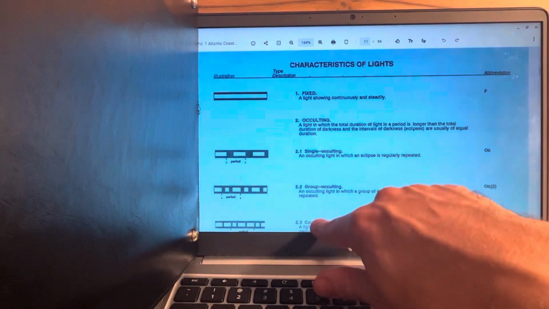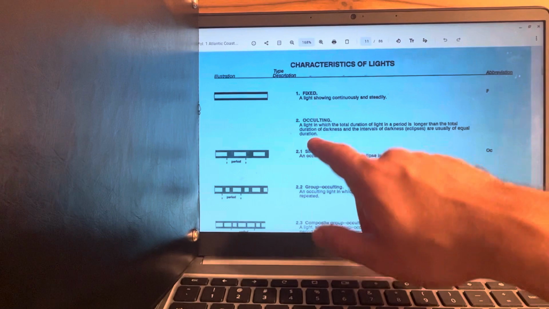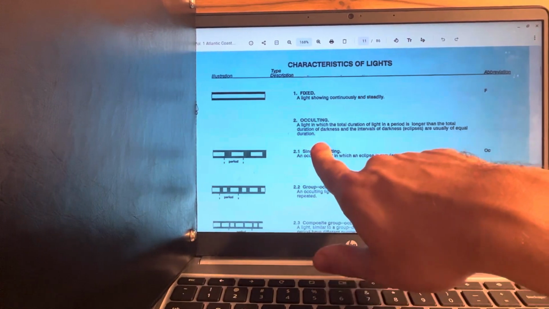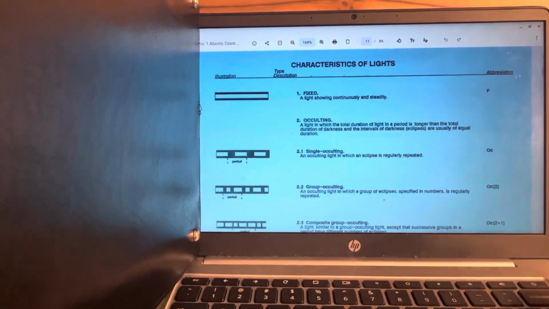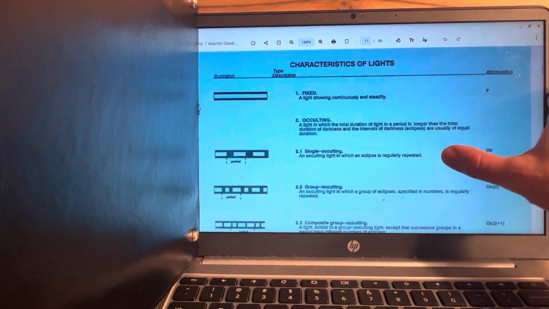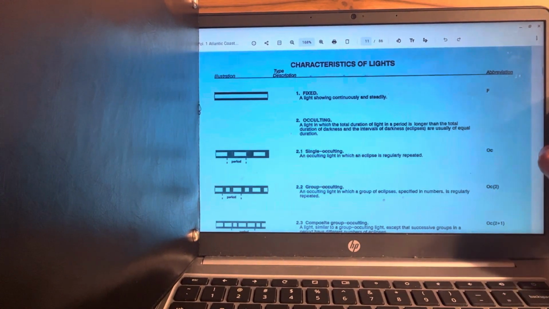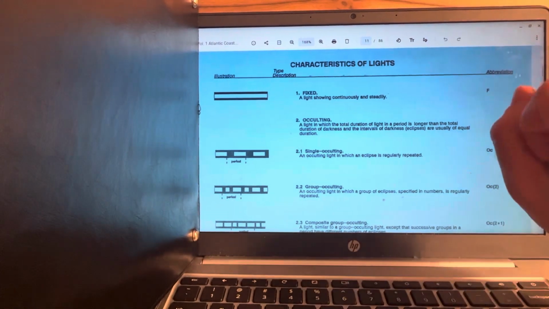Next we get into occulting. I don't know why they started with it, well, I guess I do understand, it's because it's on more, but this is probably the most confusing type just because it's such a strange word. An occulting light is a light that is on for longer than it is off. So while it does turn off periodically, the vast majority of the time it is on.